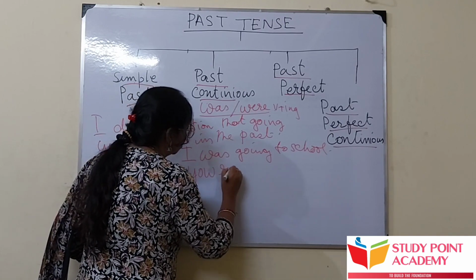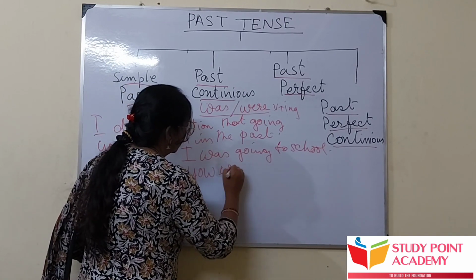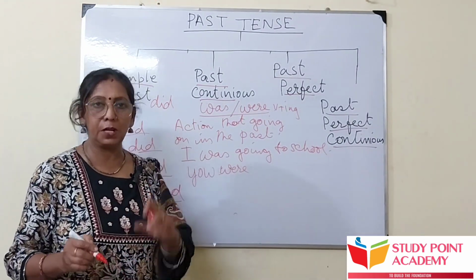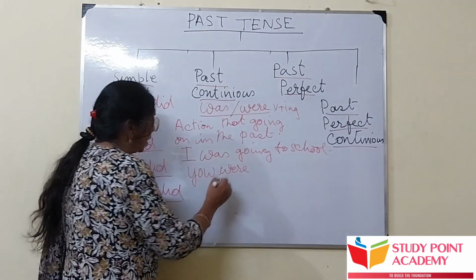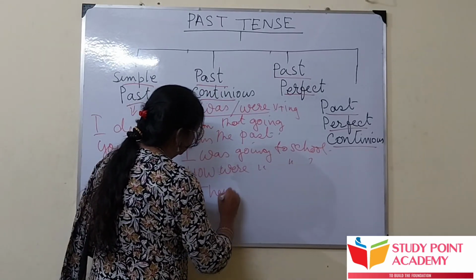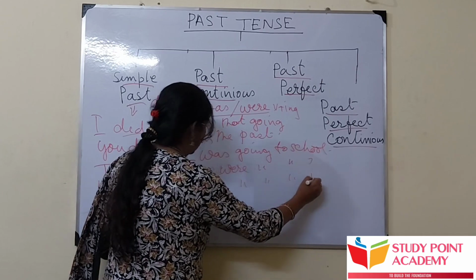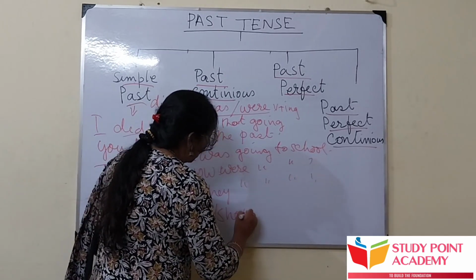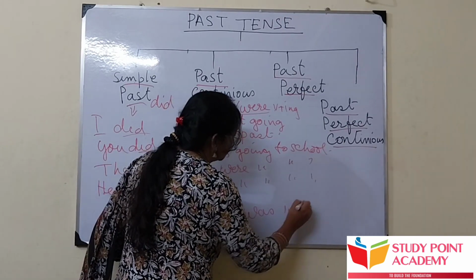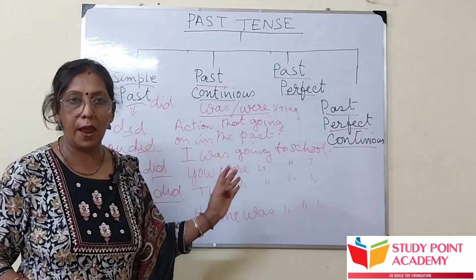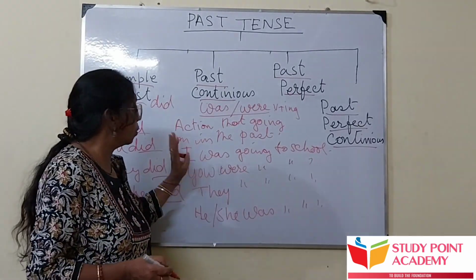You were going to school. They were going to school. He or she was going to school. In singular number it will be was, and in plural number it will be were. That's all, nothing more here.